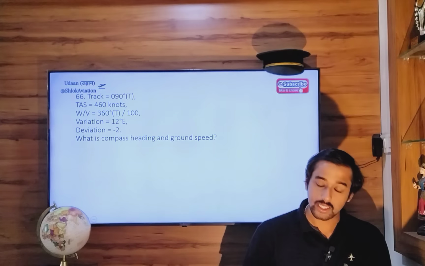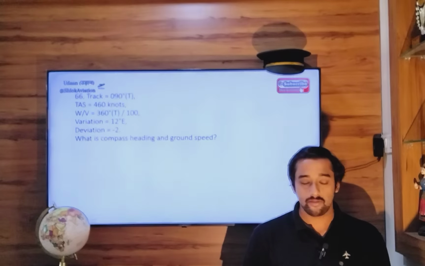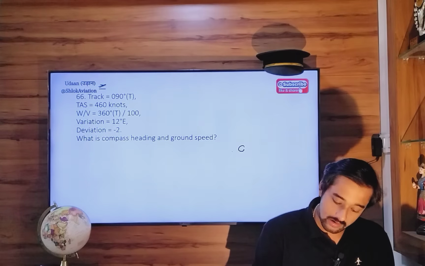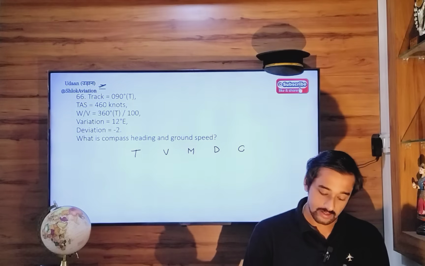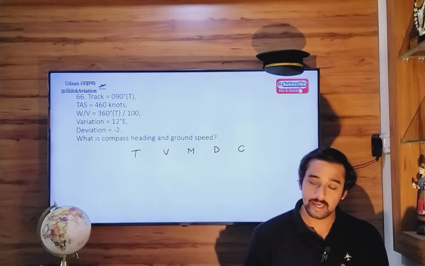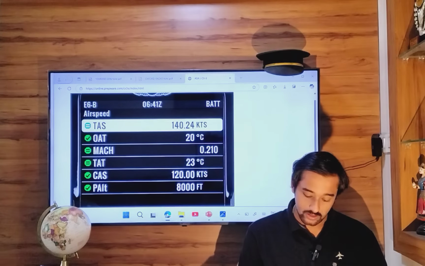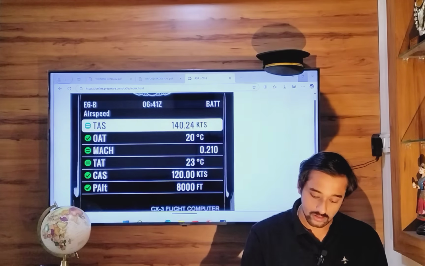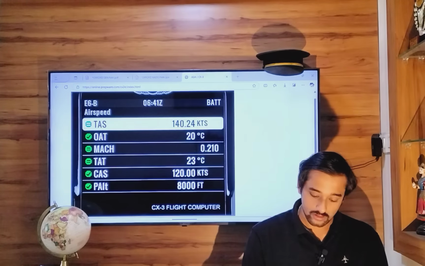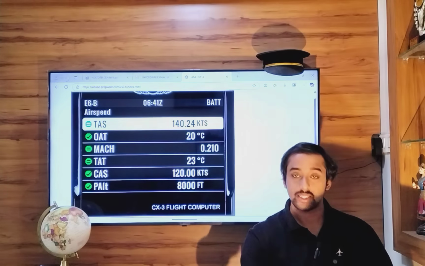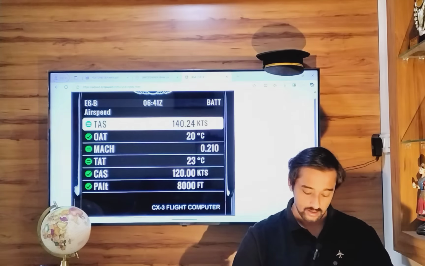Next, question 66. Track, task, winds, variation and deviation are given. What is the compass heading and ground speed? Okay, so let's find the true heading first. So let's substitute the values in your CH3.